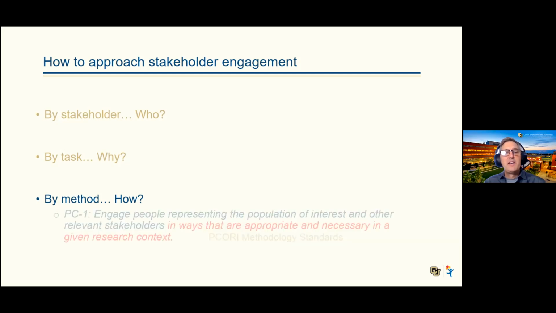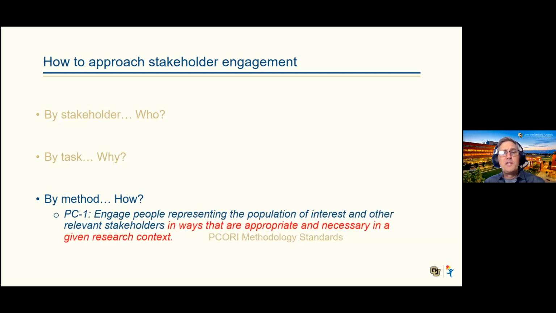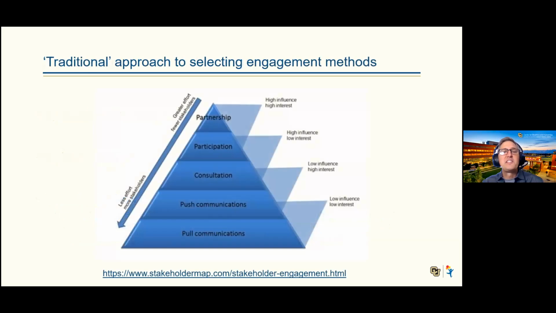Pecori says that it's important to engage people in ways that are appropriate and necessary in a given research context, but without specifying what is appropriate, when is it necessary, and what are the methods that are appropriate and necessary given specific research contexts. So I think that's a ripe area for research and future scholarship.